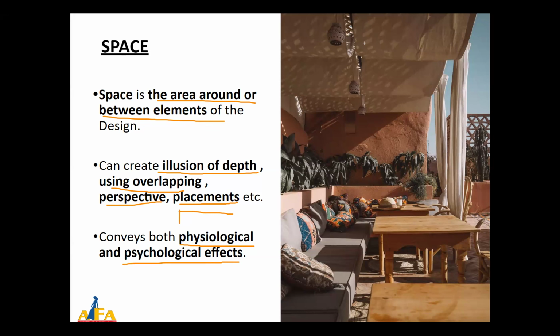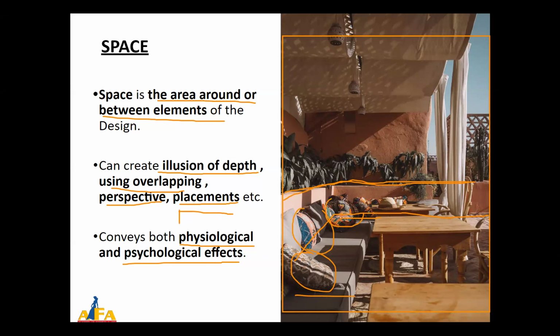Now, if I have to make you understand, see, this is my space, which is my working area. It is creating illusion of depth. I hope you can see here the sense of perspective which is diverting your eyes inside the artwork. There is a lot of overlapping; on this couch you can see a lot of overlapping objects kept here.